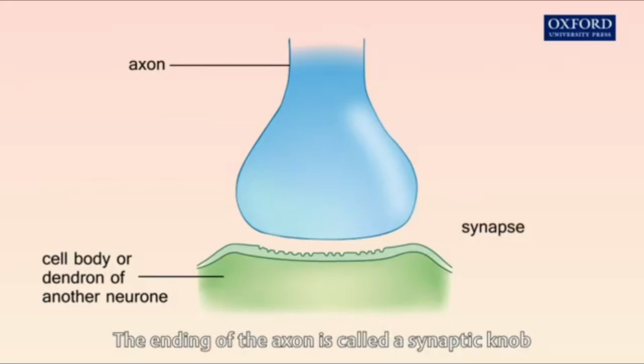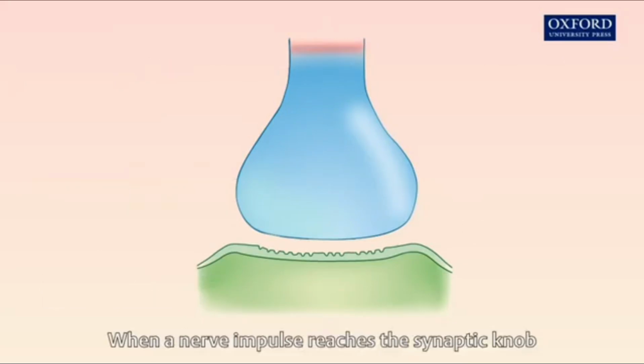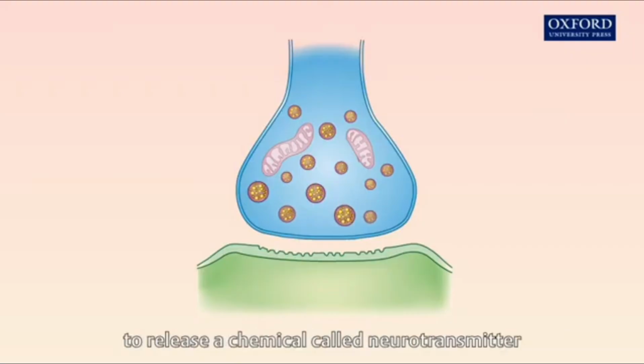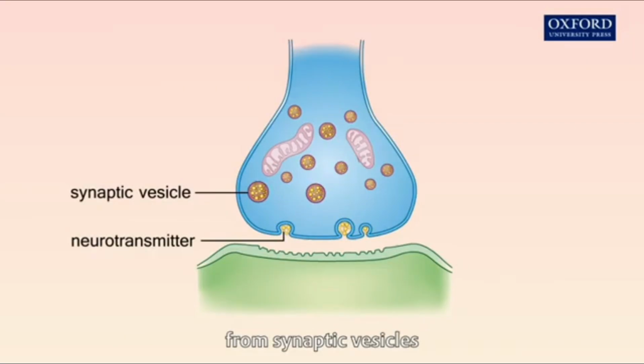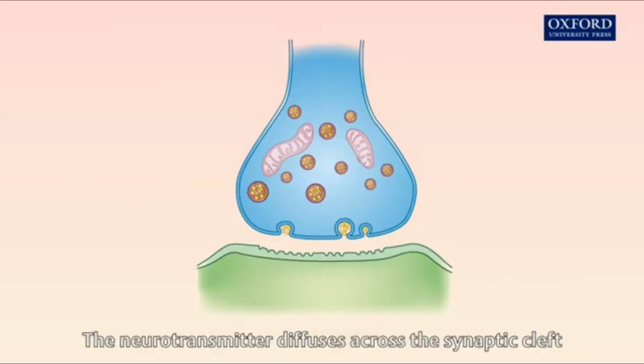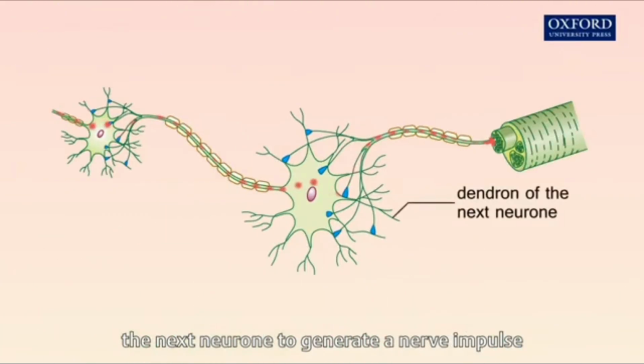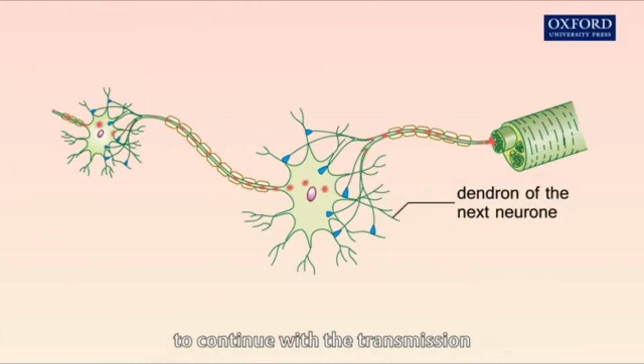The ending of the axon is called a synaptic knob. When a nerve impulse reaches the synaptic knob, it stimulates the synaptic knob to release a chemical called neurotransmitter from synaptic vesicles. The neurotransmitter diffuses across the synaptic cleft. It stimulates the cell body or dendron of the next neuron to generate a nerve impulse to continue with the transmission.